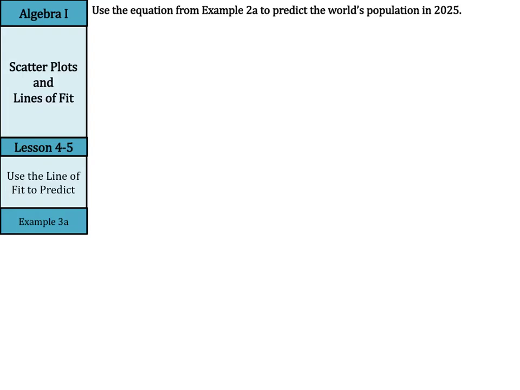Now, if we use this equation to predict the world's population in 2025, let's rewrite our equation. y equals 35.06x minus 63,860. We are going to put the 2025 in for x.